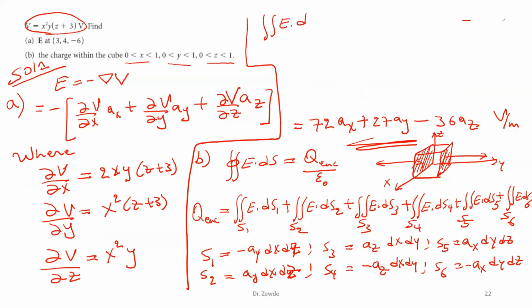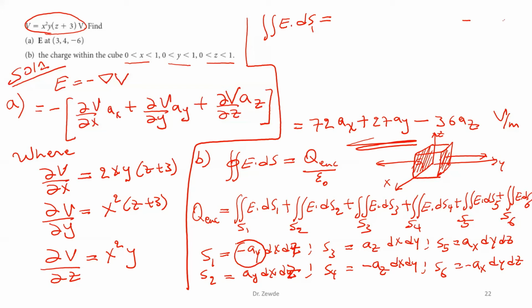So E dot ds1. S1 is along the minus AY direction. The electric field vector E has three components, AX, AY, and AZ. So we will only consider the one component.